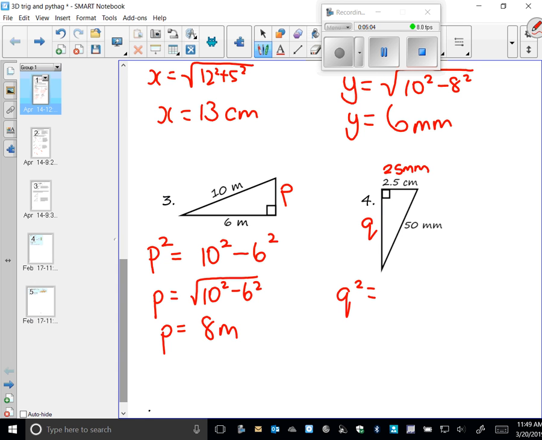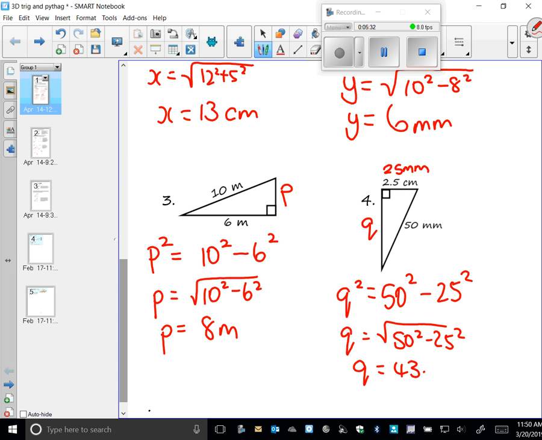Short. So we're going to be subtracting. We always start with our long side, so it's going to be 50 squared subtract 25 squared. Good. If you had tried 25 squared subtract 50 squared, you would end up with a negative number, and when you try to square root it, it will tell you it's wrong. So the answer is 43.3 millimeters.